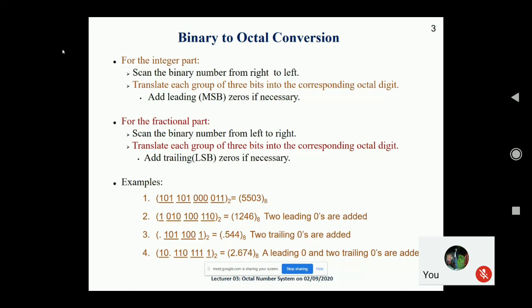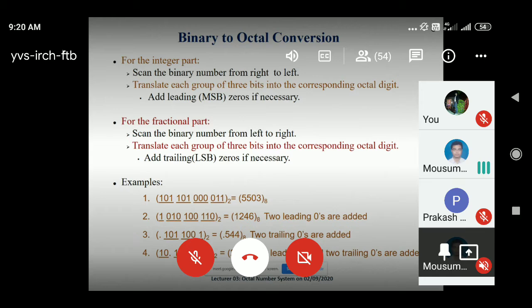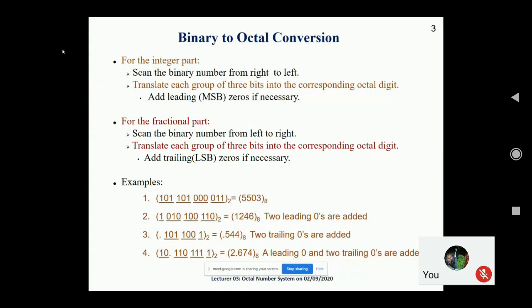Now, for the integer part, suppose I go to decimal numbers instead of binary, which is easier for you. Suppose the integer part is 25 and the fractional part is 35, so we represent it as 25.35.